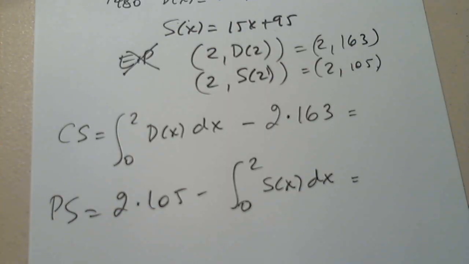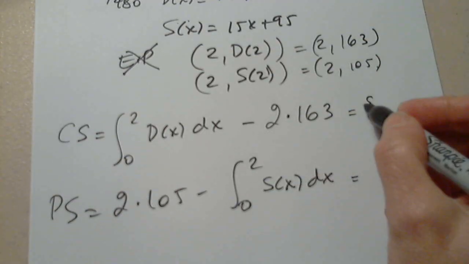Okay. So we have the integral from 0 to 2 of the first function dx, and minus 2 times 163. And we got $81.